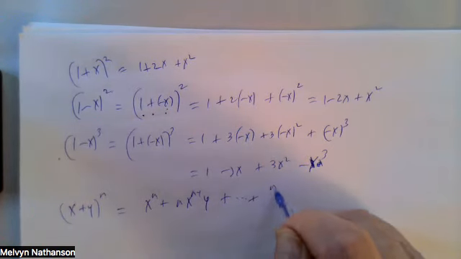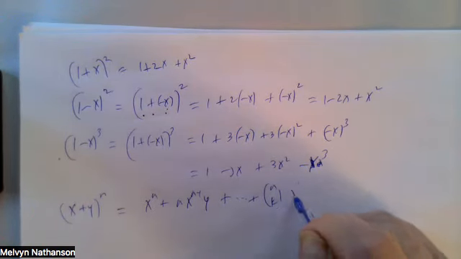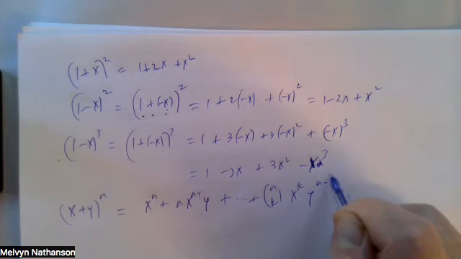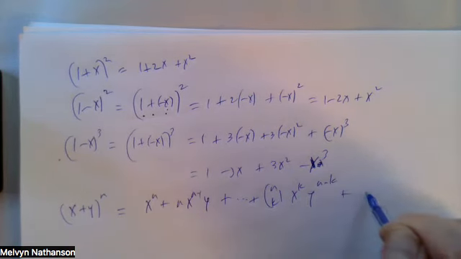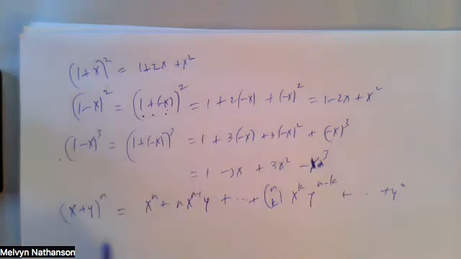The kth term will be the binomial coefficient n choose k, x to the k, y to the n minus k, up to y to the n. When you expand this, you're going across and you have monomials, which are x to the power, y to the power, and the sum of the powers is equal to n.